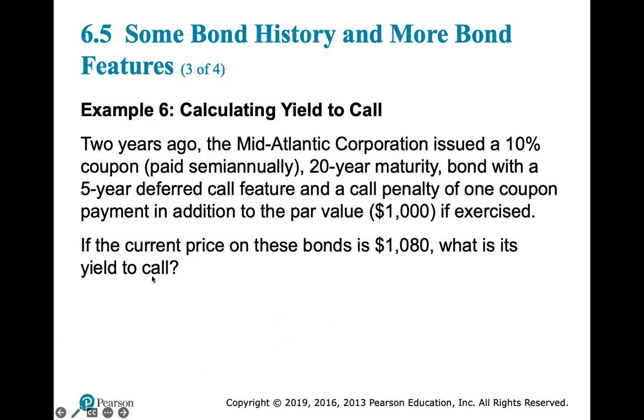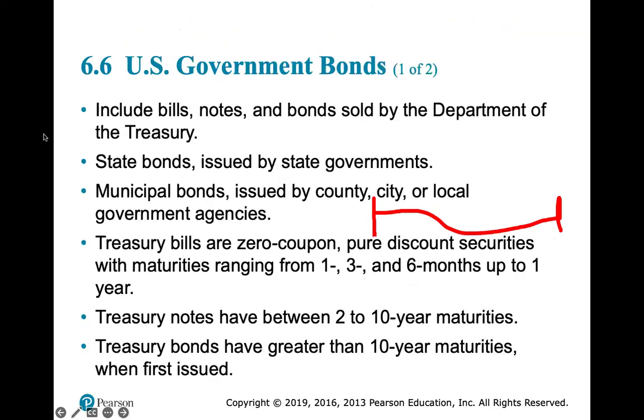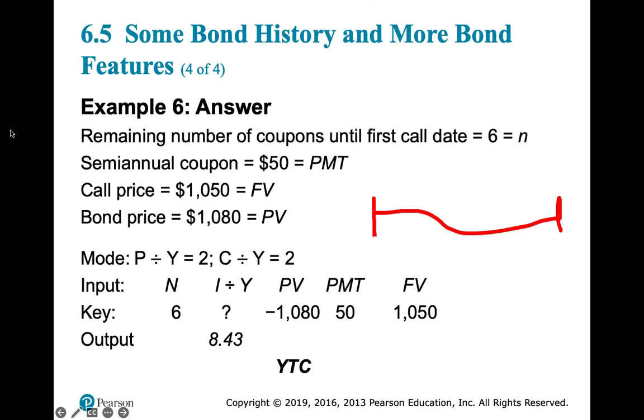Now, the remaining number of the coupons until the first call date is 6. Yeah? Why? Because as you see here, sorry for my hand drawing. So 5 years here and 0 here, and we are here somewhere, 2.